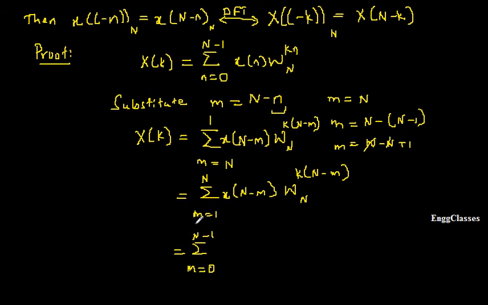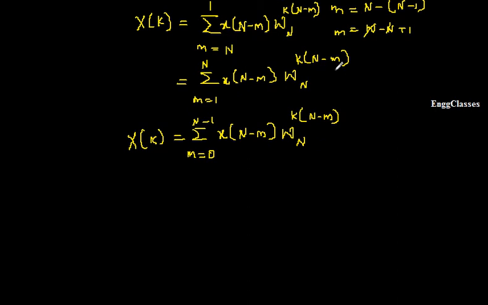Earlier m was equal to 1 to N, so now I subtract 1, it becomes 0 lower limit, and the upper limit becomes N minus 1. I could write this as the signal is periodic. Is that fine? The rest of the things I will not touch, they remain as they are: x of N minus m, multiplied with W_N to the power k into N minus m. So this is what I get.